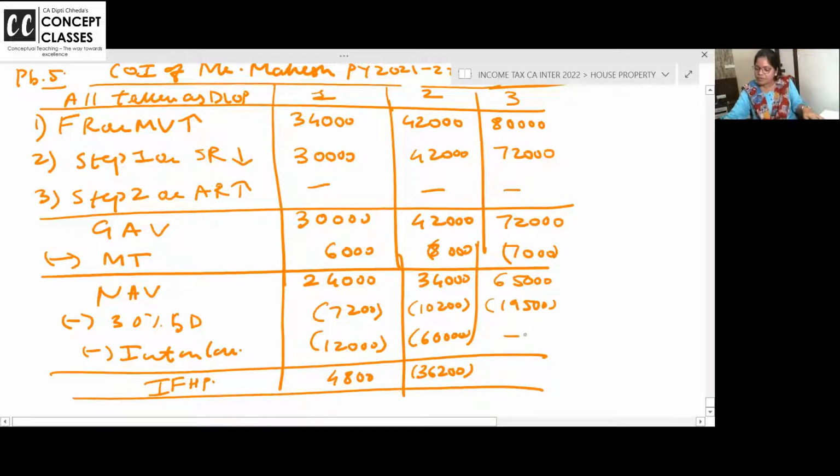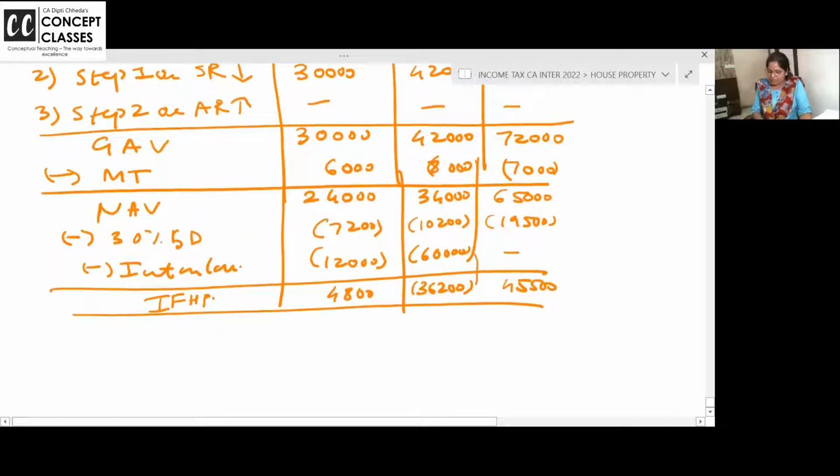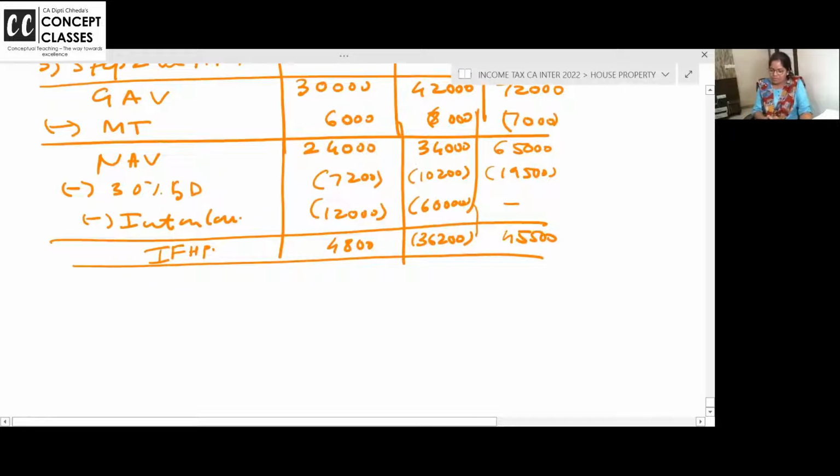Interest on loan is not there. 45,500. Yes. This is the answer if all the three properties are deemed let out. I mean say option. And if they are self-occupied, then interest, self-occupied property, GAV is nil, NAV is nil. Interest on loan जो भी है वो loss रहेगा.